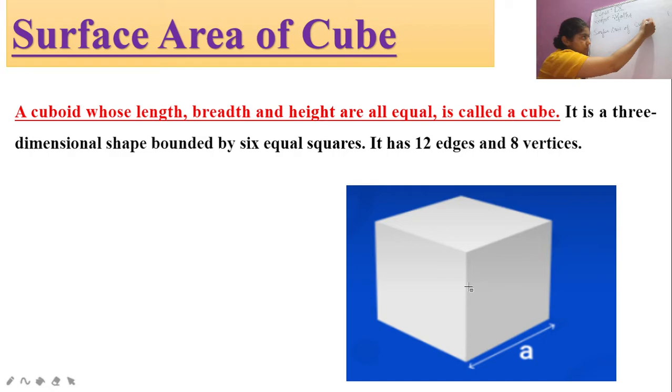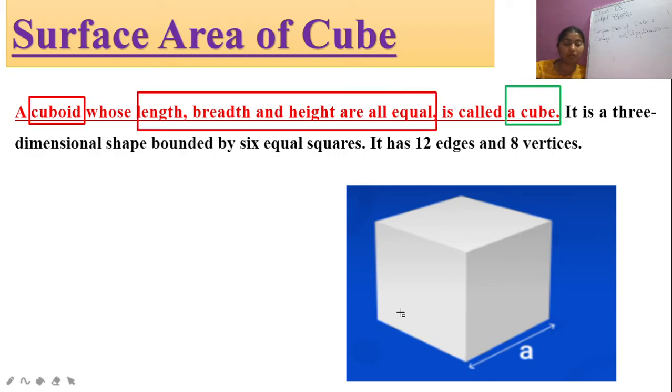So let's see. So students, firstly let's talk about the cube. Basically, a cuboid whose length, breadth and height are all equal, then we can say that it is a cube. Okay, let me take a different color.